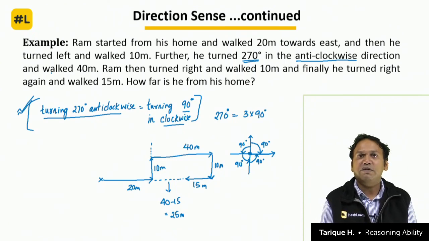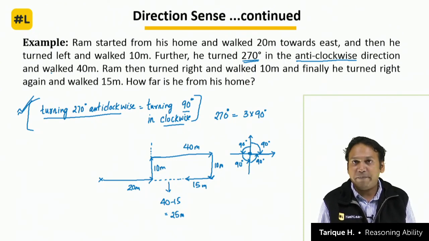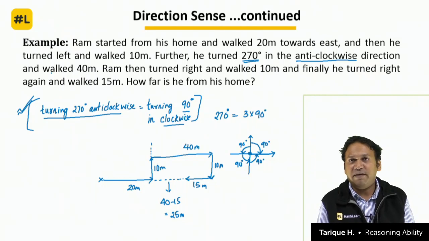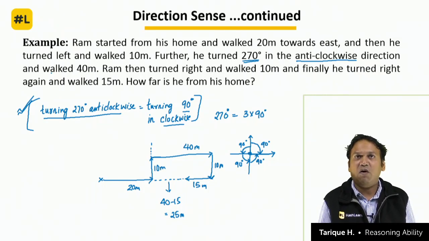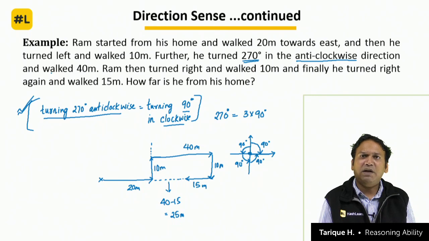Some tricky questions based on light and shadow, or on turning 135 degrees or 270 degrees clockwise or anti-clockwise, can come. From the exam point of view, for IBPS prelims or IBPS mains, you can expect a maximum of 1 to 2 questions from this topic. So it's not a very important topic for the time being.